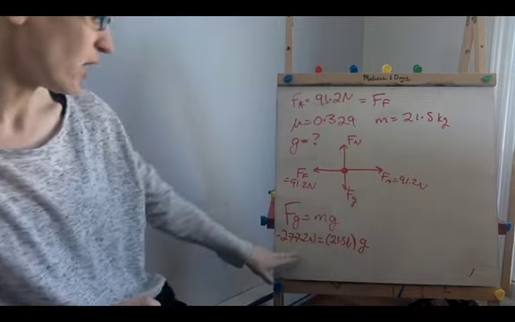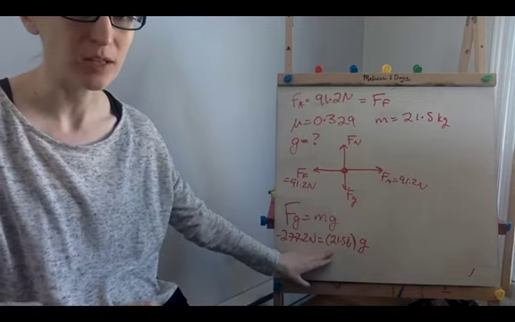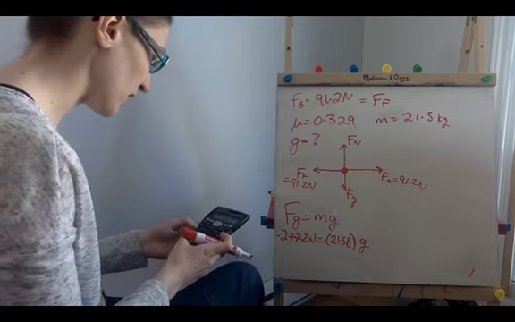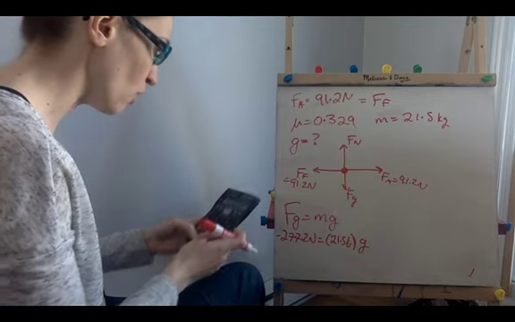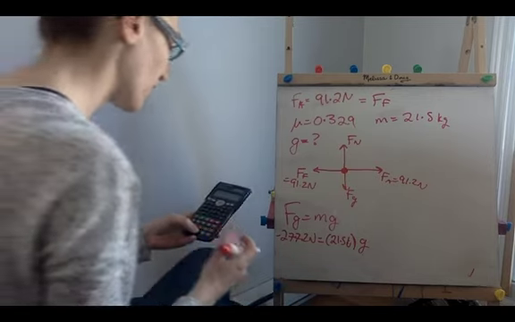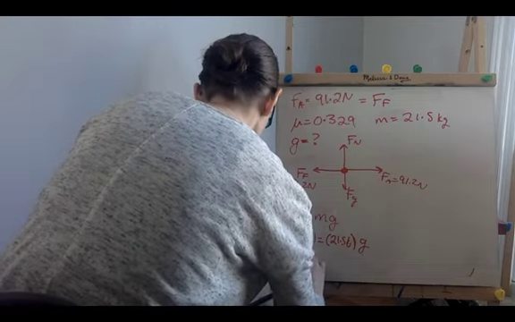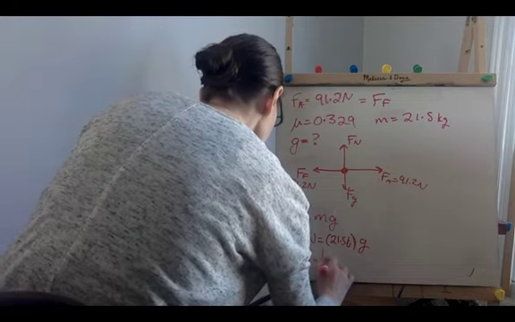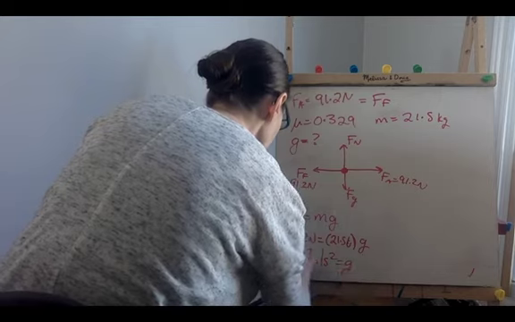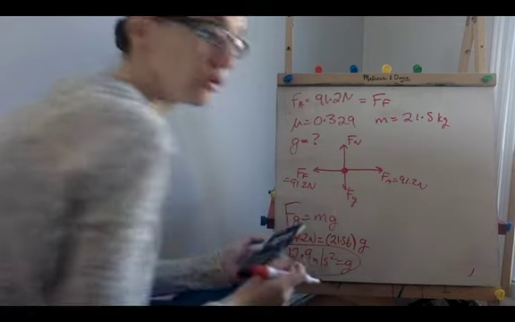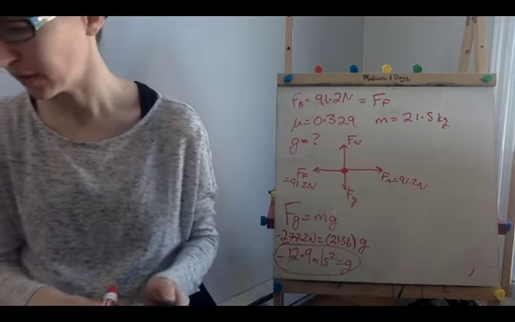To get g, we just divide both sides by 21.5. So we take that negative 277.2, divide it by 21.5, and what we get is negative 12.9 meters per second squared as the acceleration due to gravity on this particular planet.